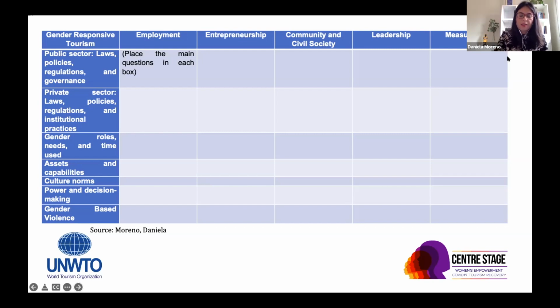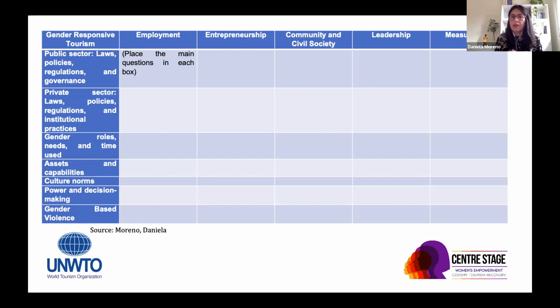So this is the matrix. In order to really give you a better picture of this, these are the 6 domains, but in the horizontal axis, we have, as you know, the level of analysis that you can find in the second global report of women in tourism.